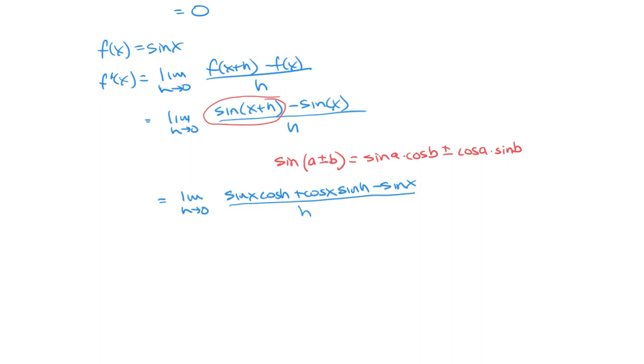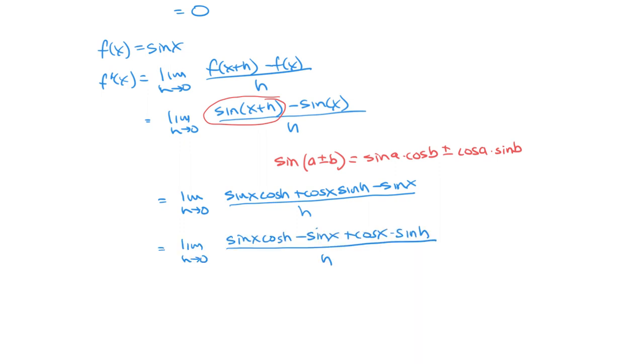Algebraically, I'm going to tweak this a little bit. I'm just going to move this negative sine of x over here and rewrite it. So this is equal to the limit as h approaches 0 of sine of x cosine h minus sine of x plus cosine of x times sine of h, all over h.